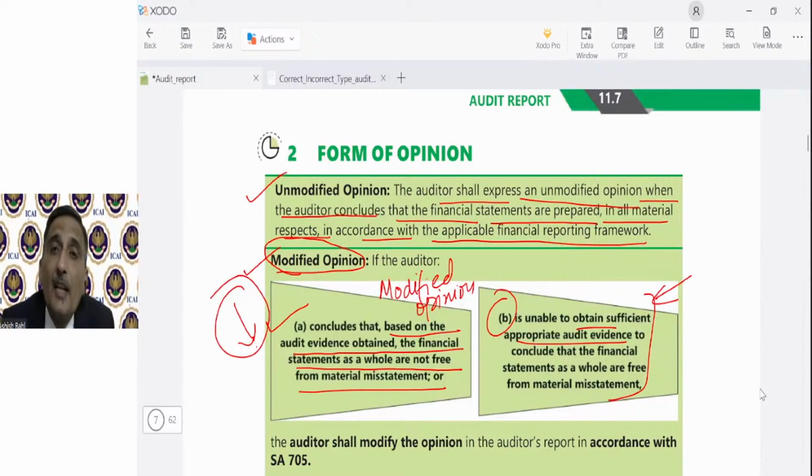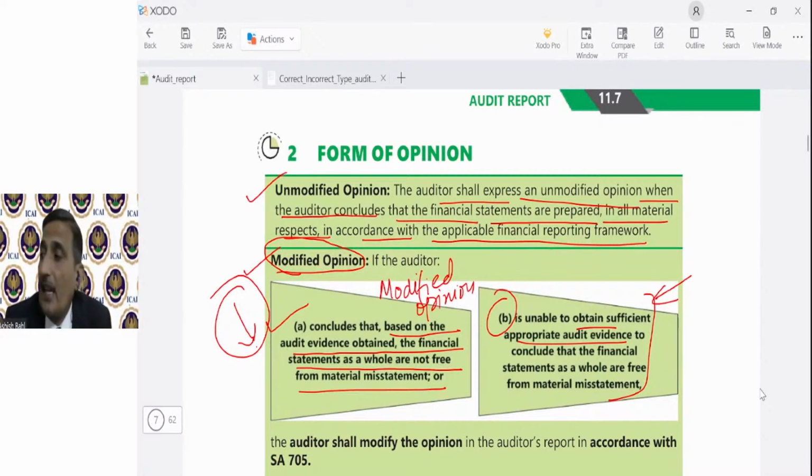He is unable to obtain sufficient or appropriate audit evidence to conclude that financial statements are free from material misstatements as a whole. Suppose management did not cooperate, employees did not give information, required records were not shown, then how would he obtain audit evidence?